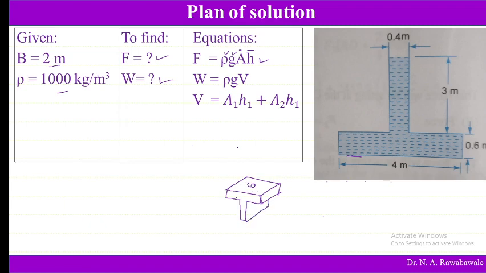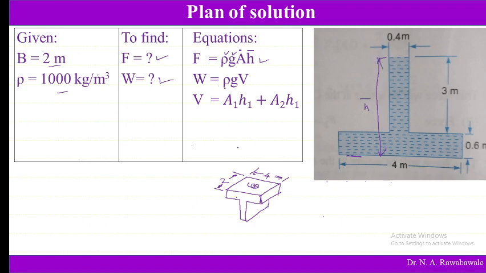This surface is the base, which has this distance as 4 meter and this distance as 2 meter, 4 meter by 2 meter. The area can be obtained, so the area is 4 into 2. H bar is the distance of the free surface of the liquid from the base. So this total distance is h bar, and h bar can be obtained.